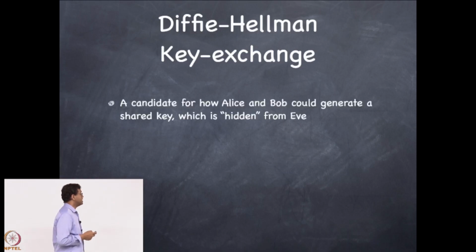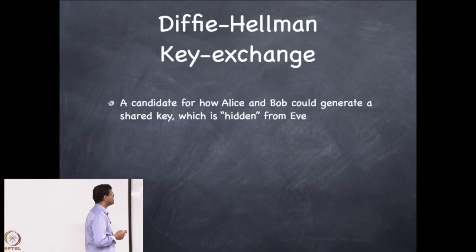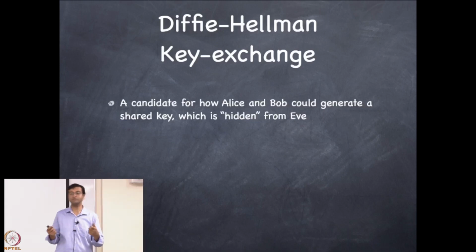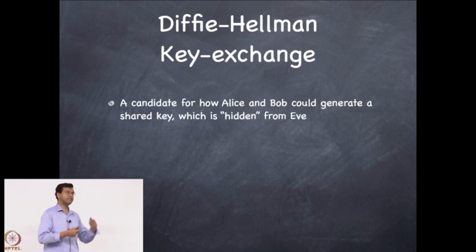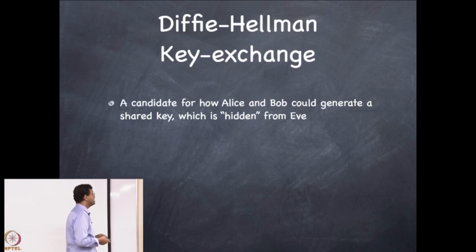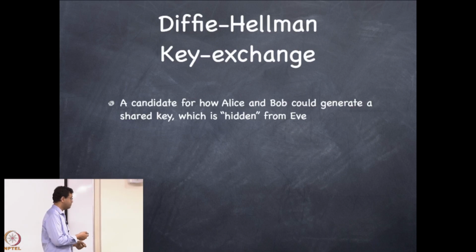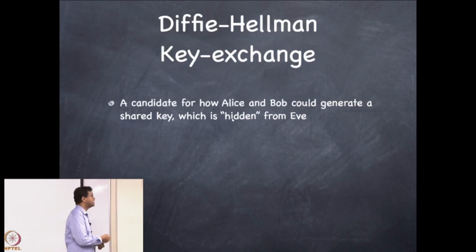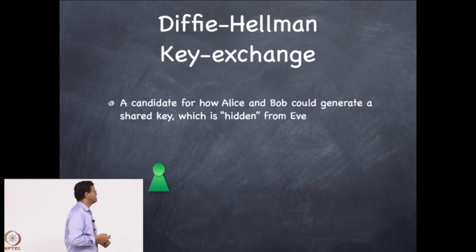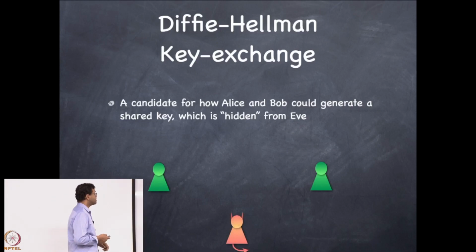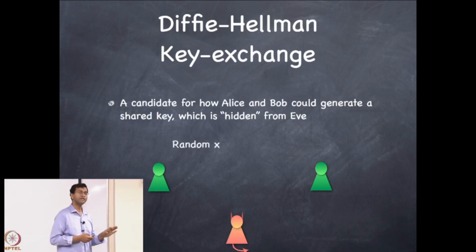So here is an idea. The plan is for Alice and Bob to generate a secret key, and then they can use that for symmetric key encryption. So they want to generate a key that they will both know, but will be hidden from Eve. So it has to be random or pseudo-random. So here is a protocol. We have Alice, Bob, Eve. Alice will pick a random x.